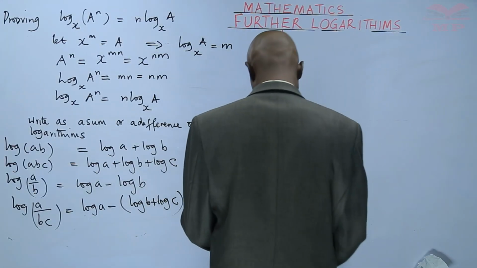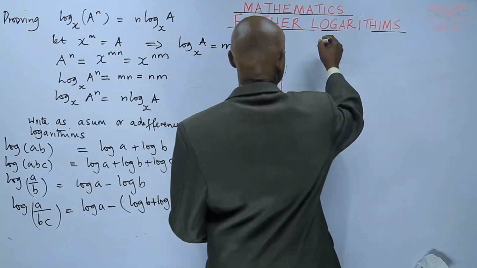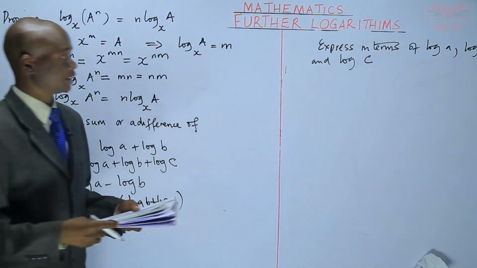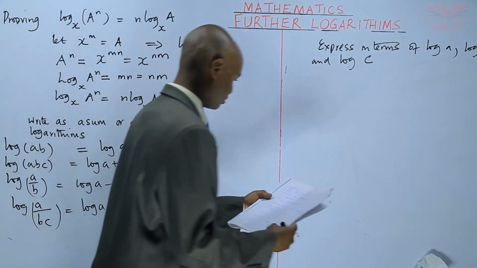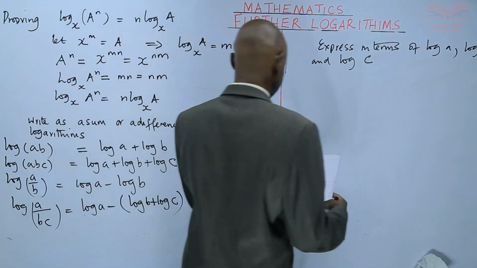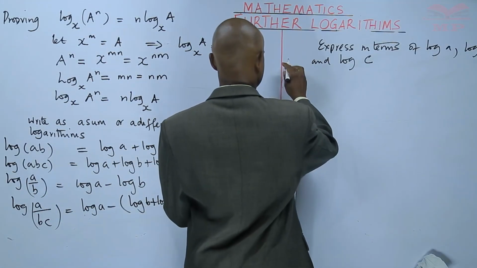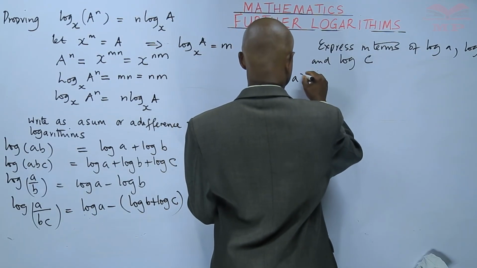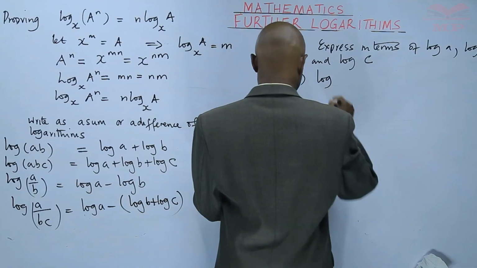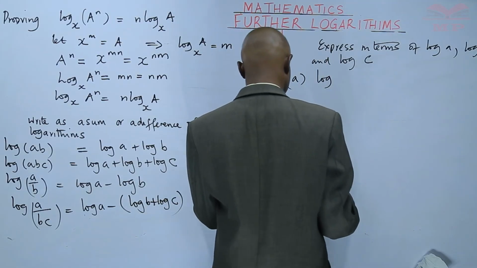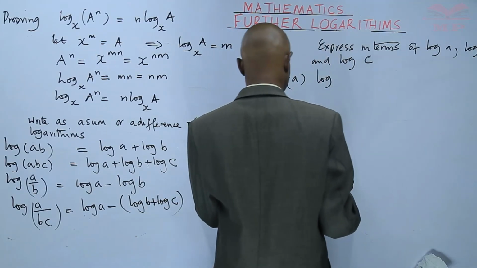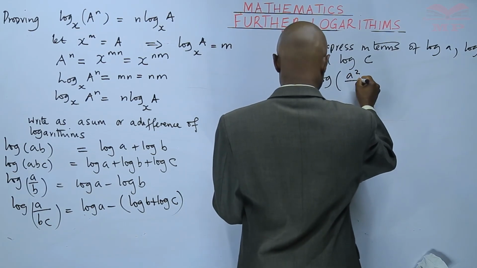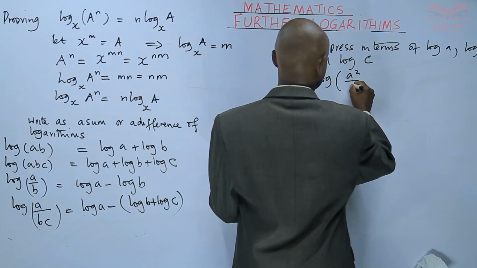We have other examples: expressed in terms of log A, log B, and log C. We have log A squared over B cubed.